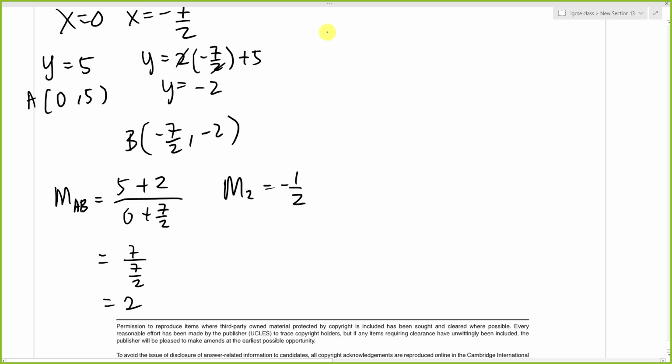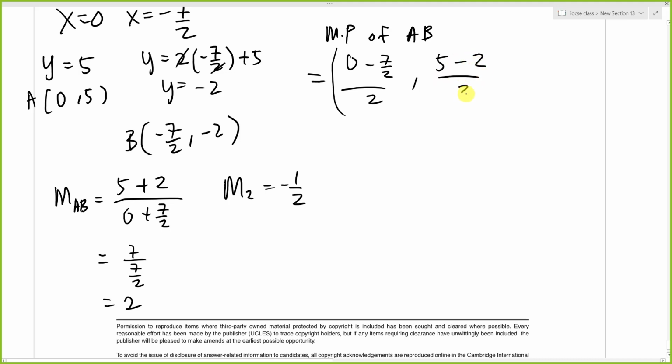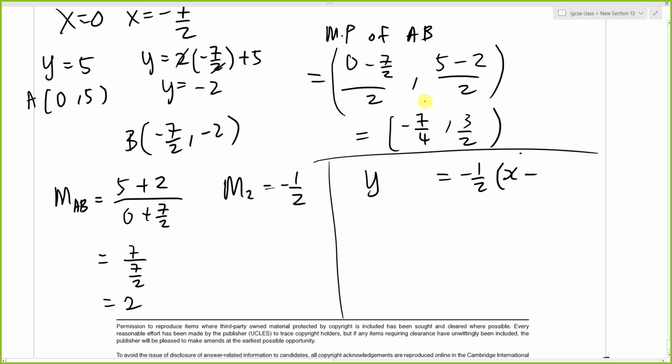And then I need to find the midpoint of AB. Midpoint will be 0 minus 7 over 2, divided by 2, and 5 plus negative 2, over 2. This will be negative 7 over 4, comma, 3 over 2. Then this is my y minus y and x minus x.